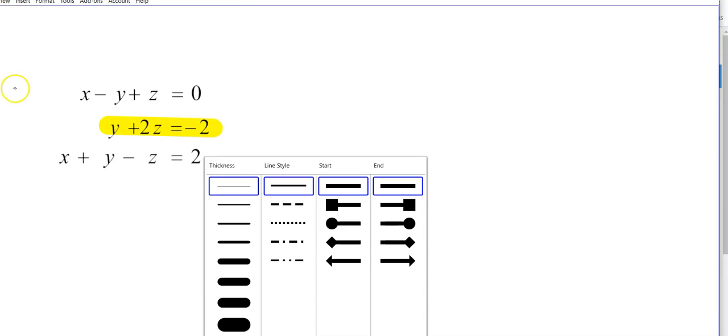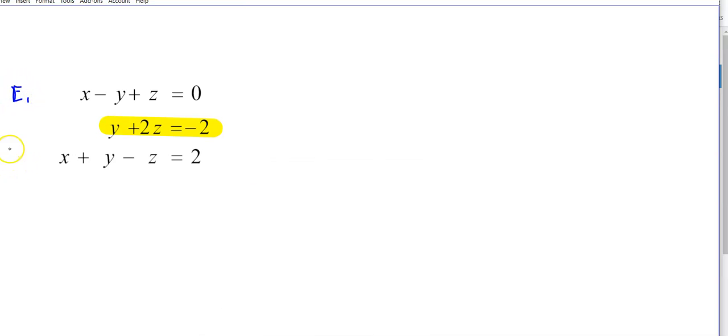So it's almost like I've got E1 and E3. I've got to do something to those to get rid of X, but I've already got my other equation. So I always pick whichever variable has disappeared, and I'm going to use my other two equations to get rid of that same variable. So this should be an easier problem.